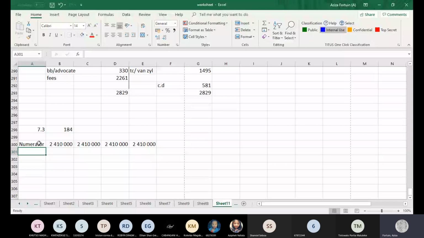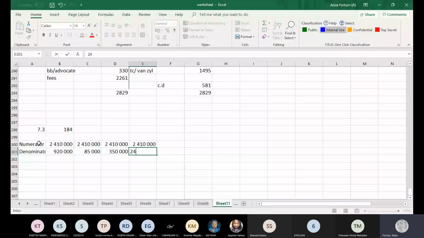So the denominator will be the 920,000 units, our 85,000 machine hours, our 350,000 direct labor hours, and our 240,000 kilograms of material that was converted.